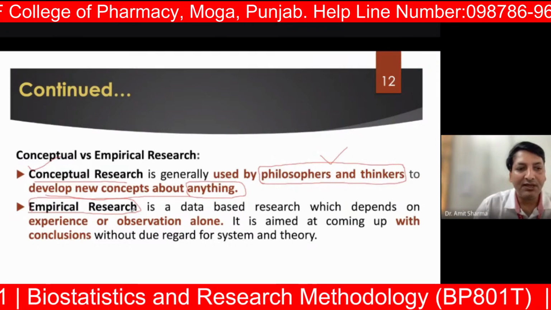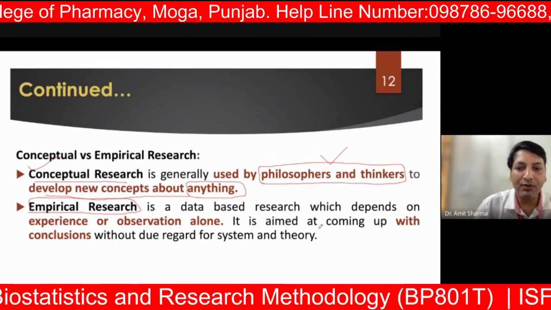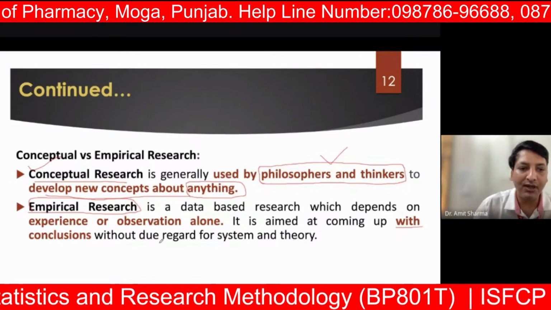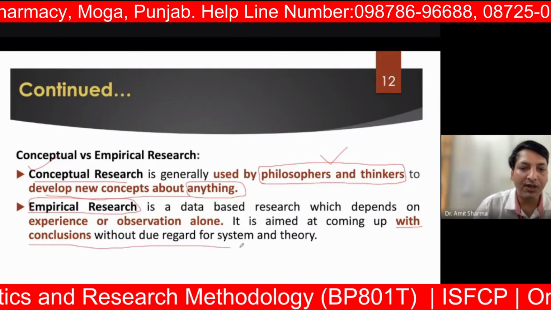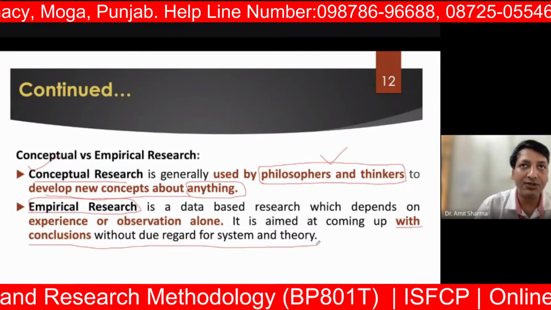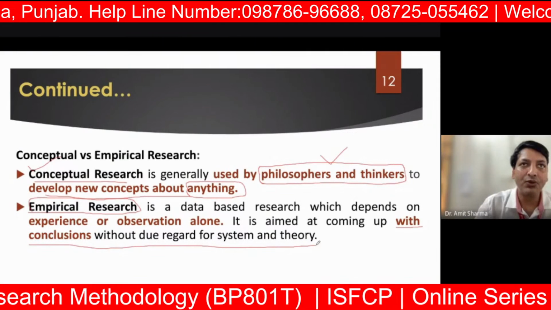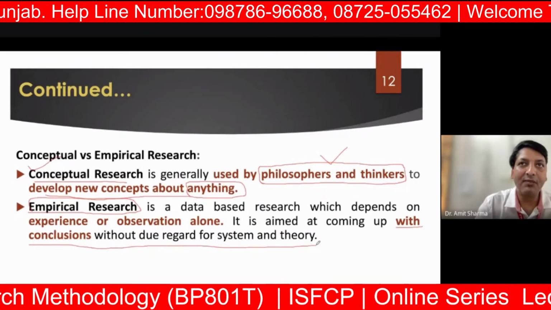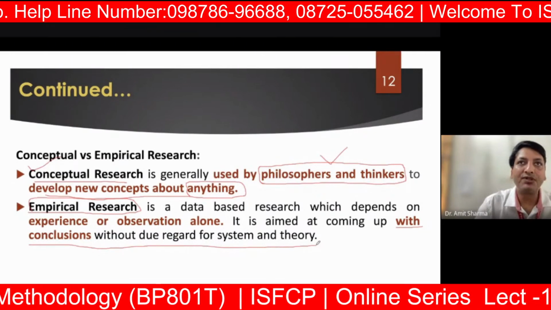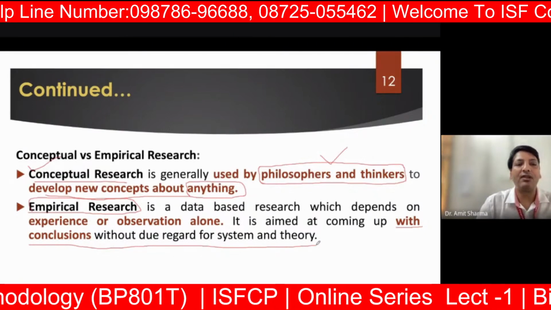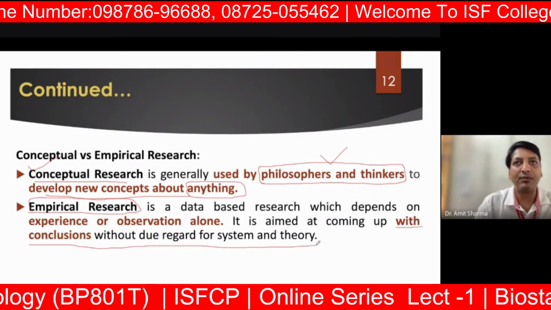So basically, empirical research always aims to come up with a new conclusion. You are able to find out that you can give a new system, or you can add a new theory: that Newton had said so and so, but if this thing can be carried out in such a way, new things will come up. So like this, you can give new concepts or new theories.